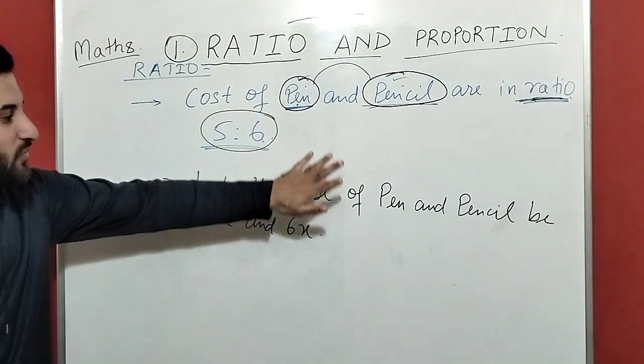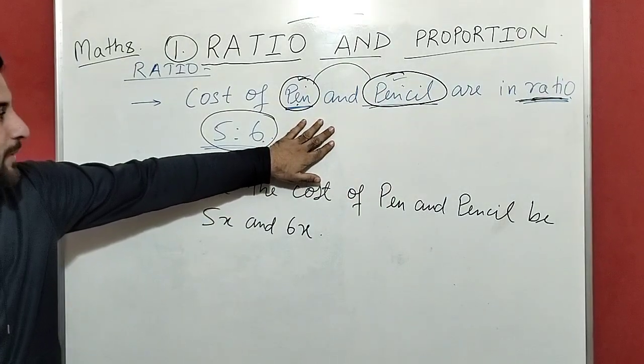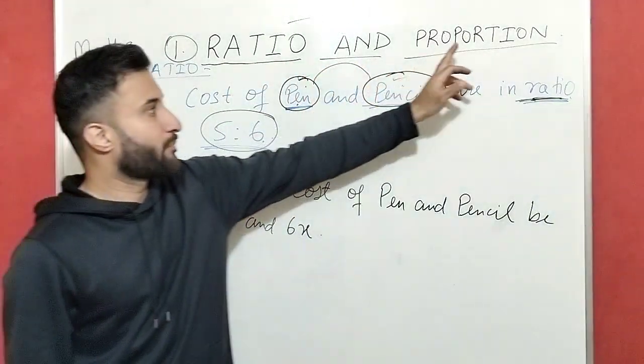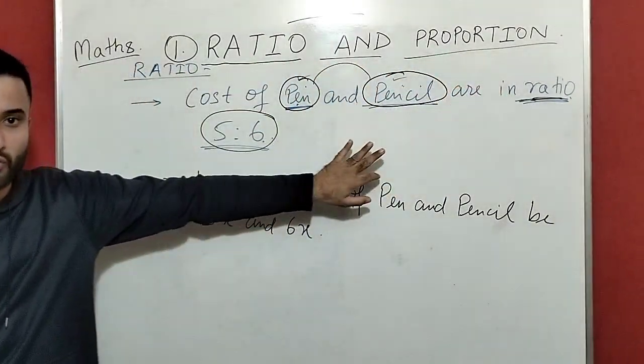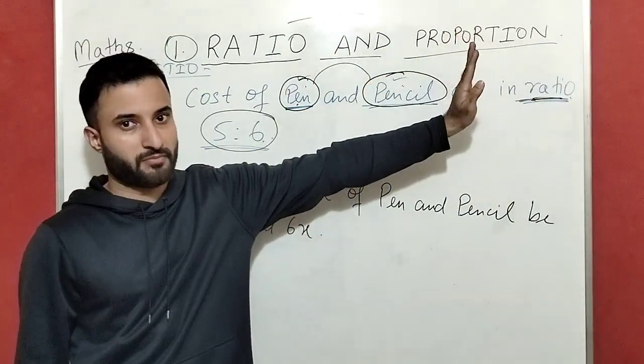Guys, this concept is very much important from the examination point of view. This concept we are applying in both ratio and proportion. So I have taught you this concept here, and I am not going to teach you the same concept again in proportion.